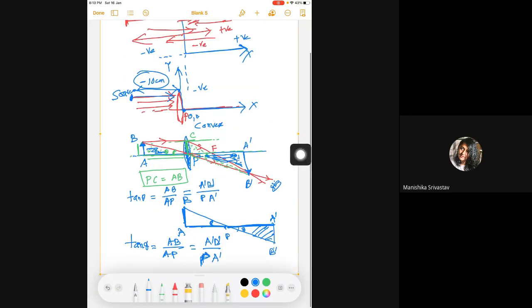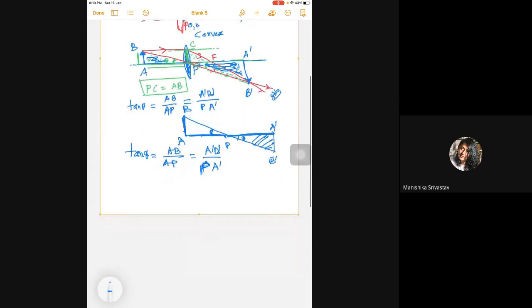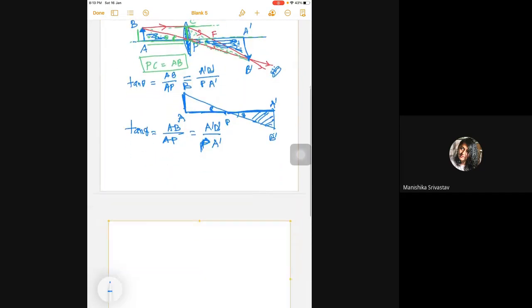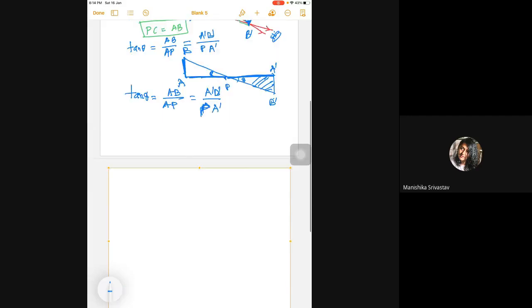Let me go to the next page. One sec. Let me extend, go to the next page. Okay, now what we'll do here, let us draw once again. Otherwise, let me refer to this one.